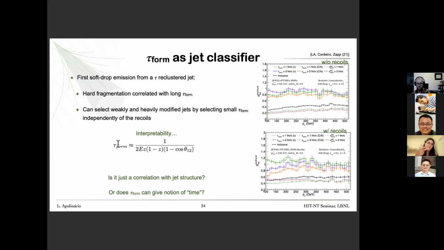If my jet again is very collimated, this means that it will survive more in the medium, and this, of course, will have a larger formation time. Or if indeed this gives a notion of the time that the jet spends, let's say, inside of the medium.